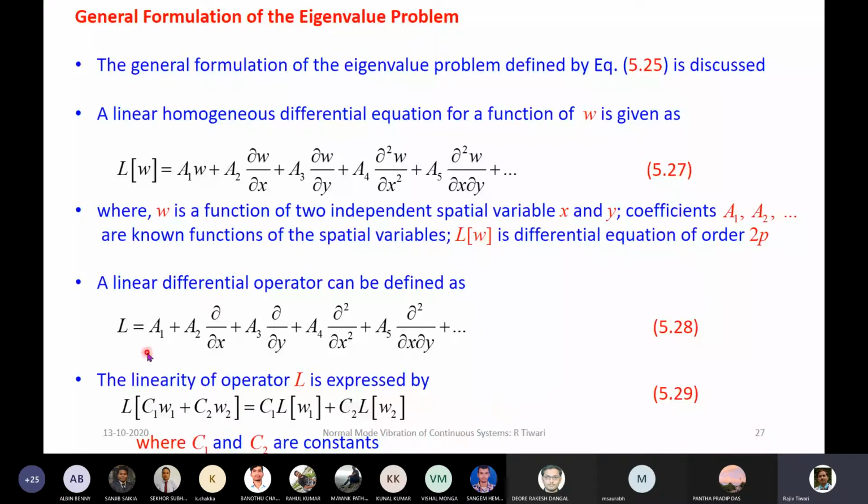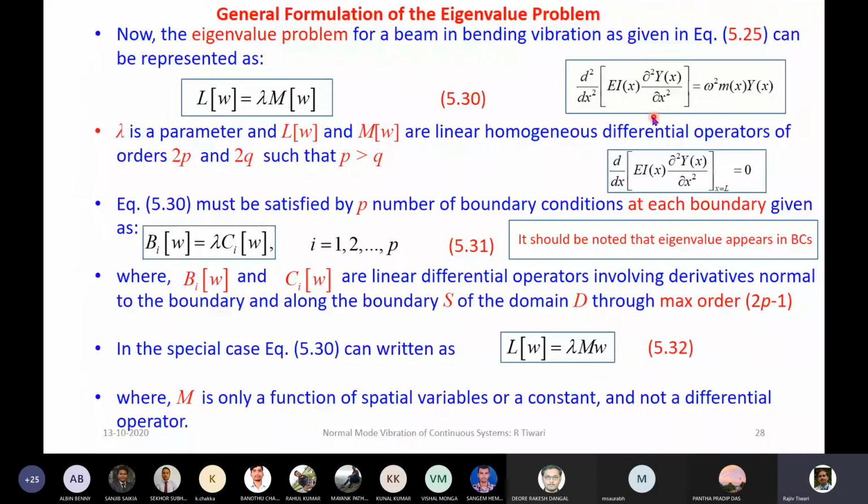So let us go back to our eigenvalue problem which we had earlier for the beam problem. Here we have differentiation with respect to x twice, then this property of the beam, and then again differentiation of Y(x). Here w is nothing but capital Y(x), a function of x. I'm trying to write this particular eigenvalue problem in a more general way. I'm saying L operator. The L operator for this problem may be different.